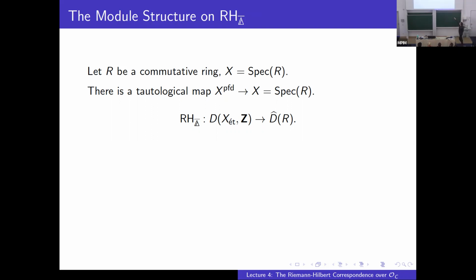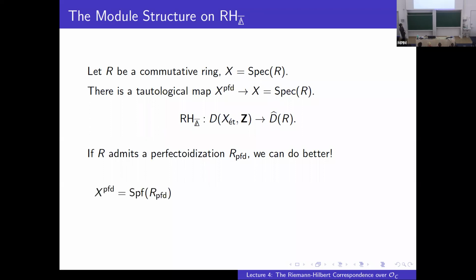That is, you can think of RΓ prism bar as in the previous lecture as a functor from étale sheaves to the category of R modules. But sometimes you could do better, right? If R has a perfectoidization, then actually we know exactly what this perfectoidization is. And therefore, this functor doesn't just have a structure of a module over R, it has the structure of a module over the perfectoidization.